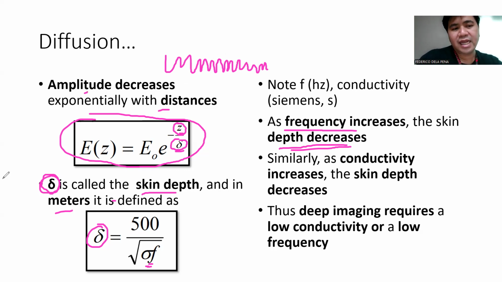Either way, they lose energy whenever they undergo a cycle. And the higher the frequency, the more cycles you get, and the more energy loss you get. And as a consequence, you get to penetrate a shallower depth or a shallower skin depth because of the loss of energy.